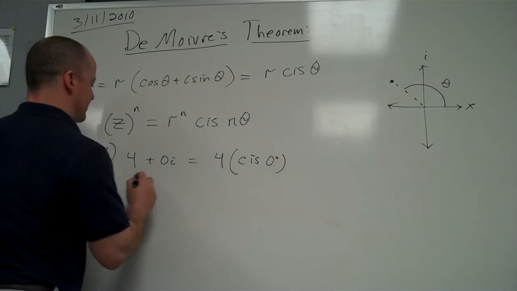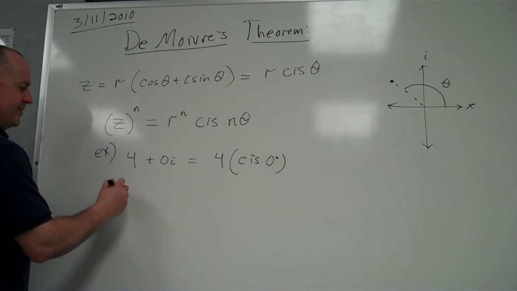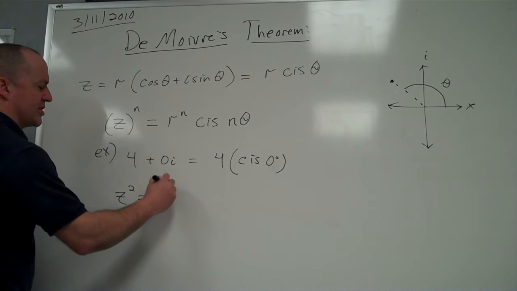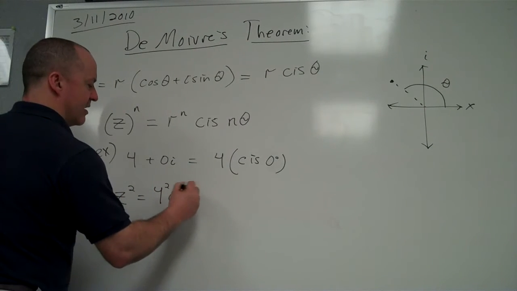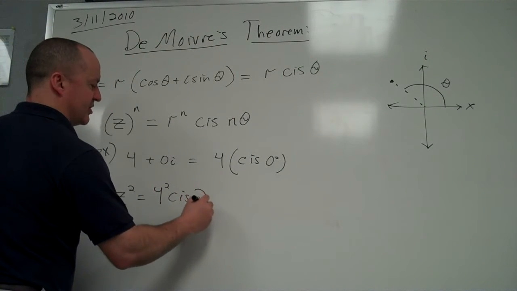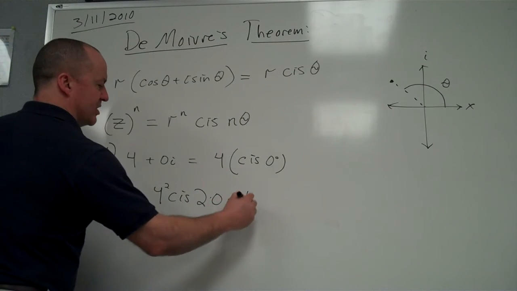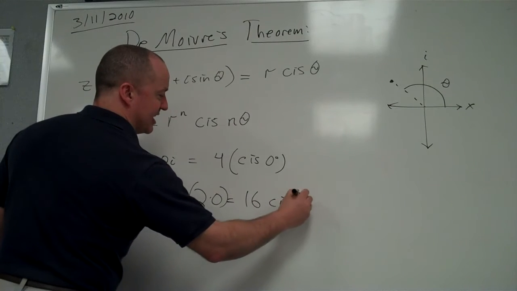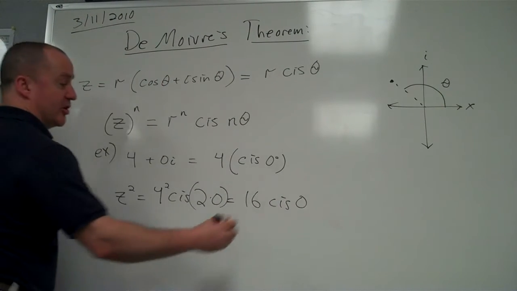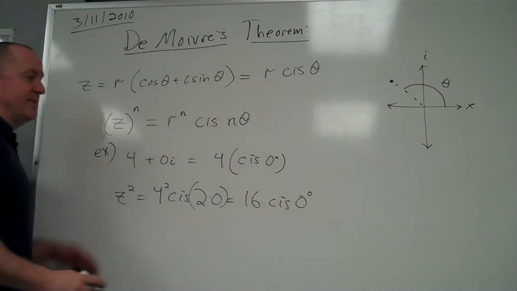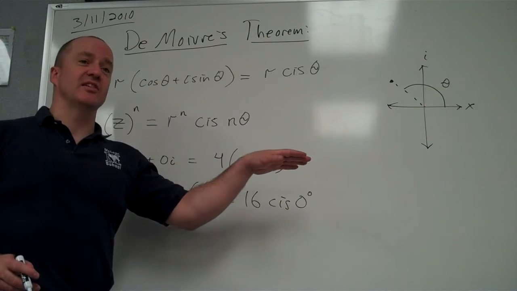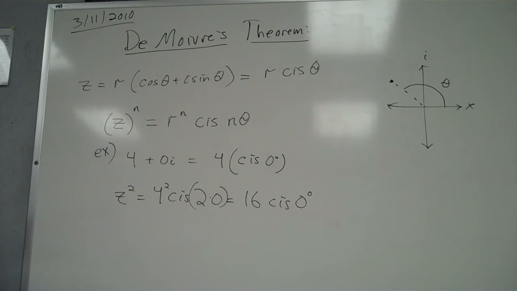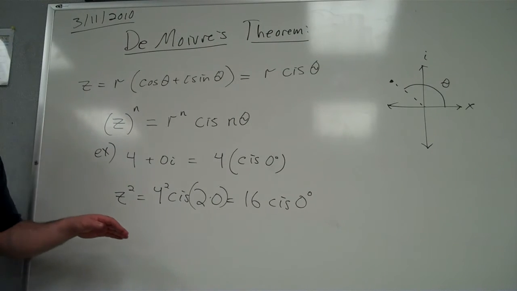Well, if I decide to square this, that's going to be 4 squared times cis 2 times 0, which is going to be, what's 2 times 0? 0. So that's 16 cis 0 degrees. So that's just going to be 16 out on the x-axis. So 4 squared still equals 16. This rule doesn't blow up in our faces with normal numbers.